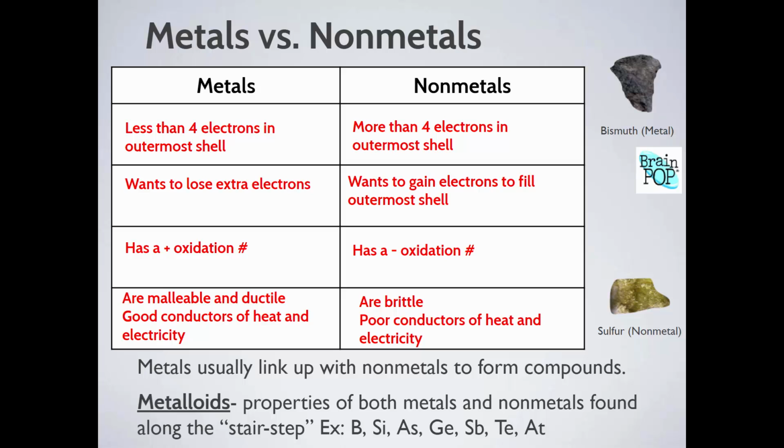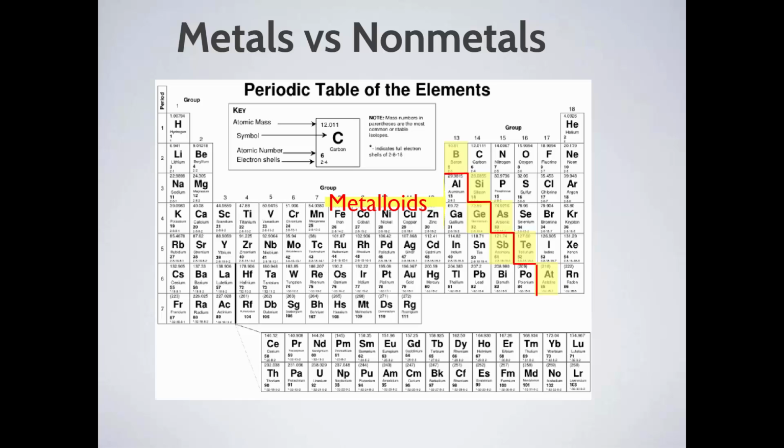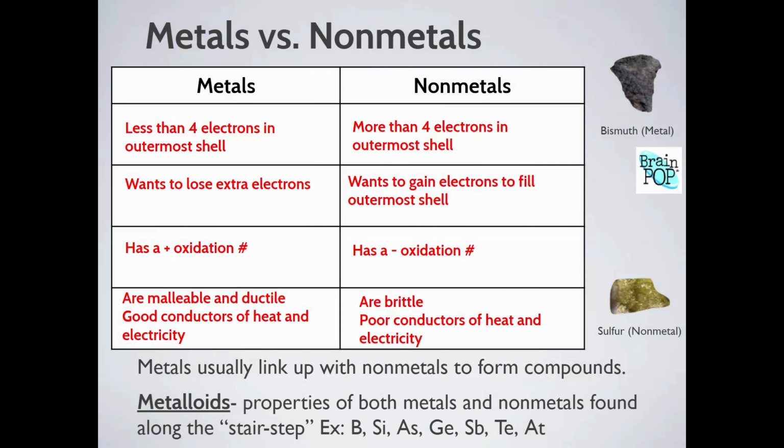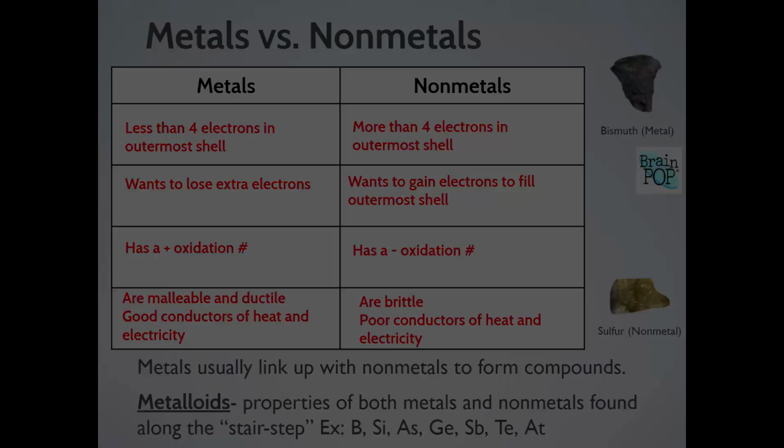Good point there. So there are some things on this staircase here that are called metalloids. And again, they might not agree 100% with the rules we just talked about. That was sort of in general. Things in that staircase, we call them metalloids. It means they have certain properties that are metal-like and others that are non-metal-like.